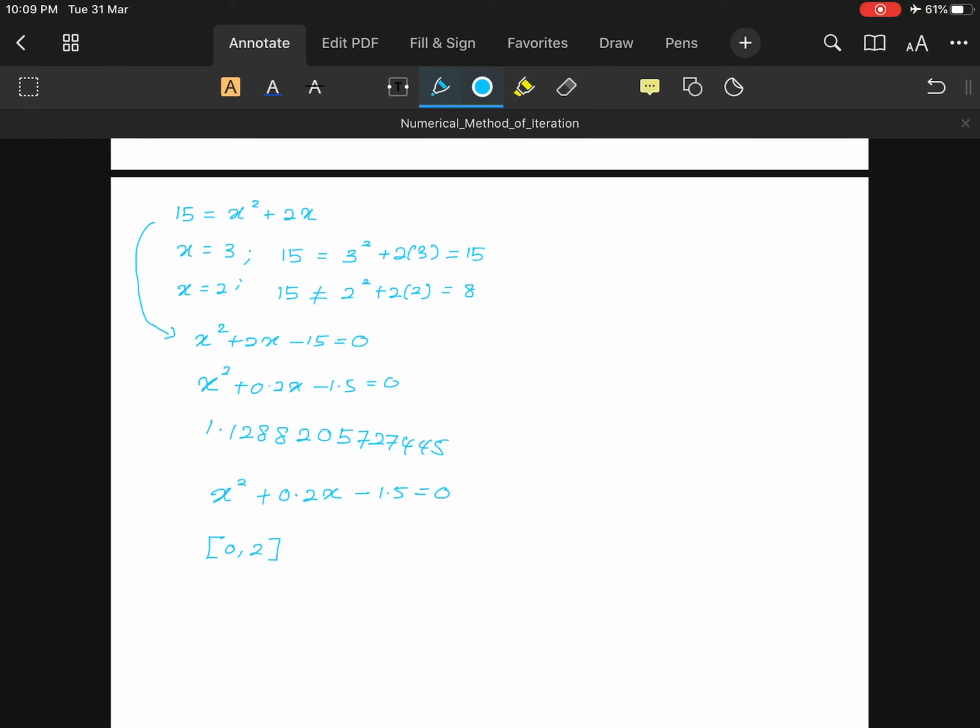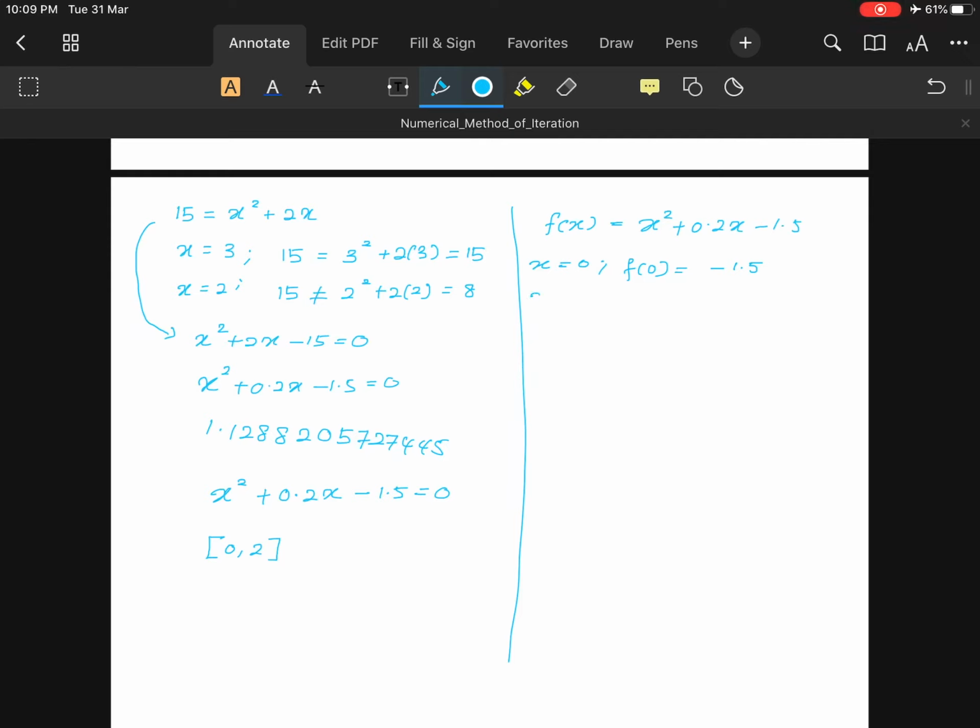To start with this testing, let's first define f(x) equals x squared plus 0.2x minus 1.5. First, when x equals 0, we substitute this 0 inside this function, and you can see that you have negative 1.5.